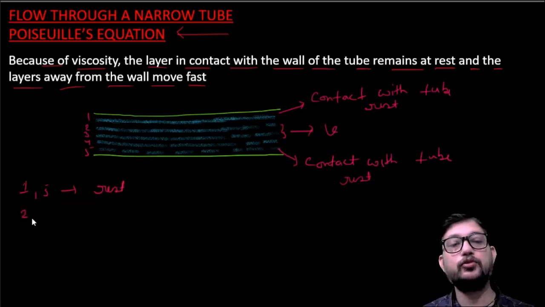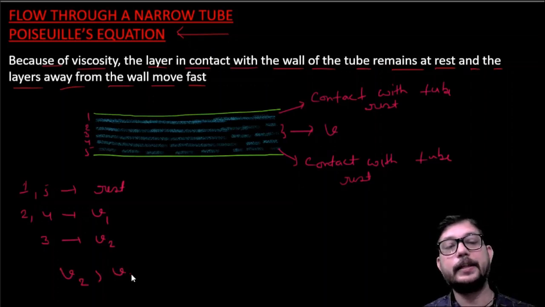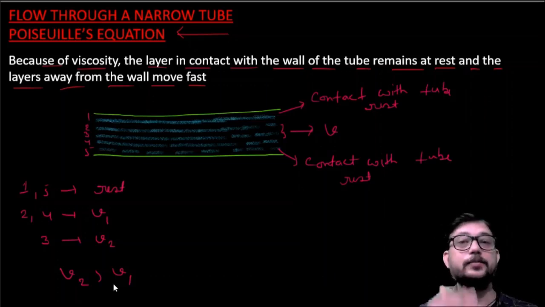Layers 2 and 4 move with velocity v1. Layer 3 moves with velocity v2. So v2 is greater than v1. These are the observations made by Poiseuille.